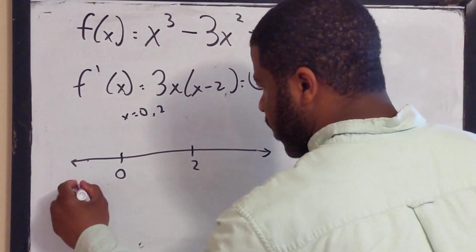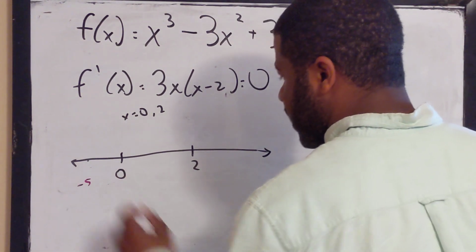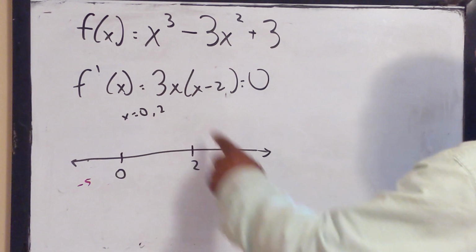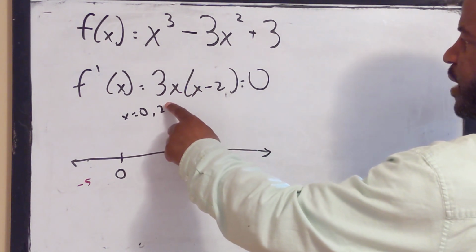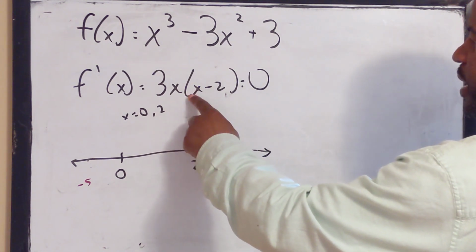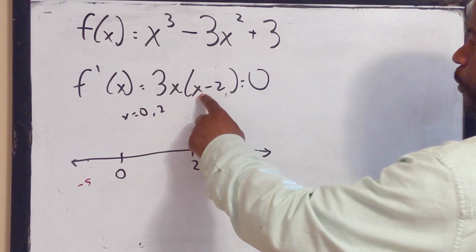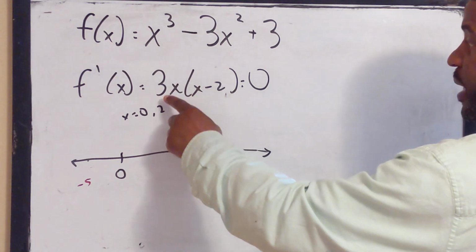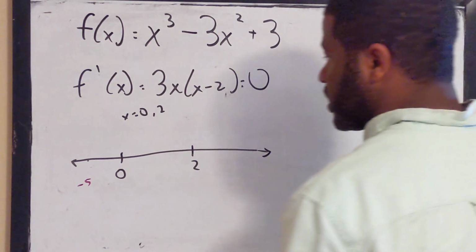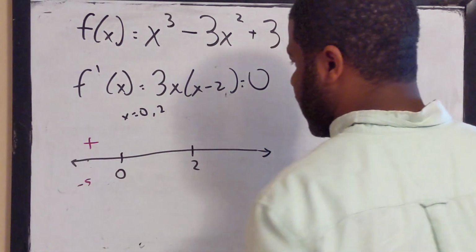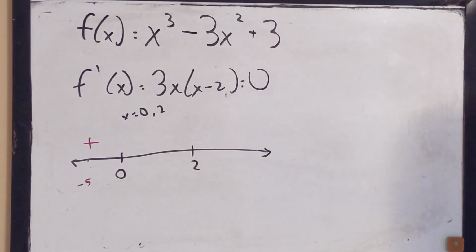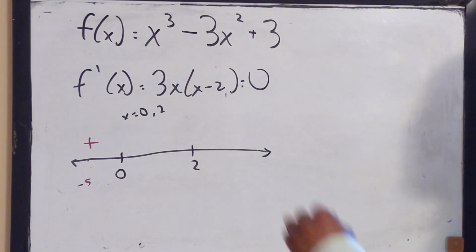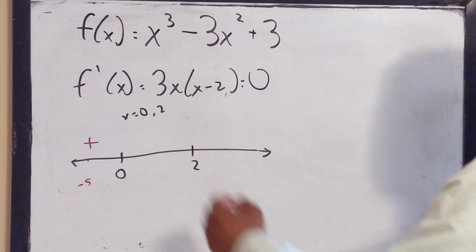I'm just going to put it in right here. Negative 5. 3 times negative 5 is negative 15. And negative 5 minus 2 would be a negative 7. But a negative and a negative make this a positive. Alright? Now, I don't need the actual numbers. I just need to know is it positive or negative.